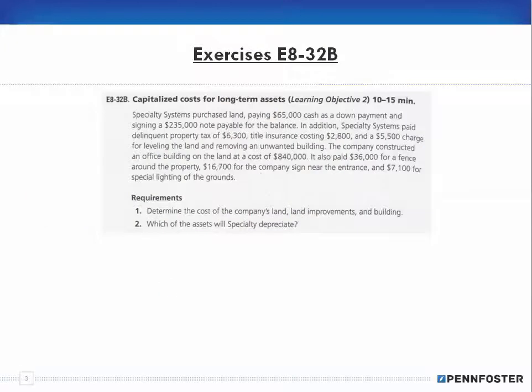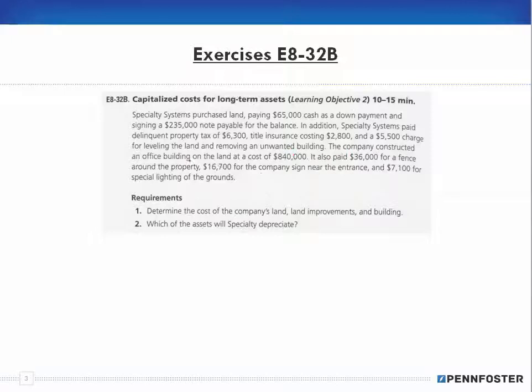Okay, so for the first problem here, capitalized costs for long-term assets. Specialized Systems purchased land, paying $65,000 cash as a down payment and signing a $235,000 note payable for the balance. In addition, they paid delinquent property tax of $6,300, title insurance costing $2,800, and a $5,500 charge for leveling the land and removing an unwanted building.